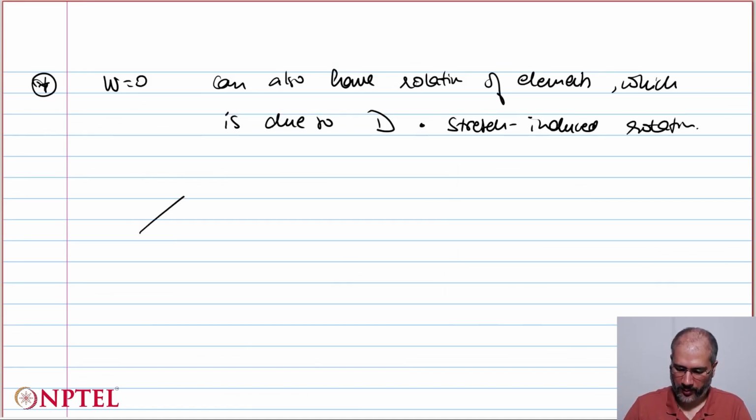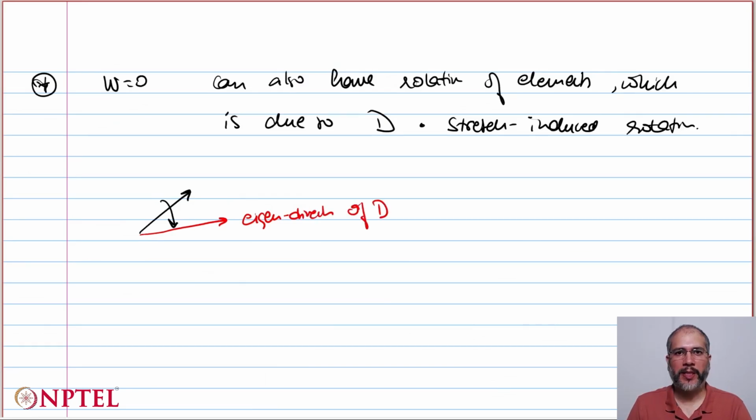So what happens is an element starts to rotate and it keeps rotating until it experiences a direction which is the eigen direction of D. But as soon as the vector reaches the eigen direction of D, then there is no rotation because of the stretch-induced rotation as we noticed. And since W was a 0 for the previous two cases, that means the vector will stop rotating.